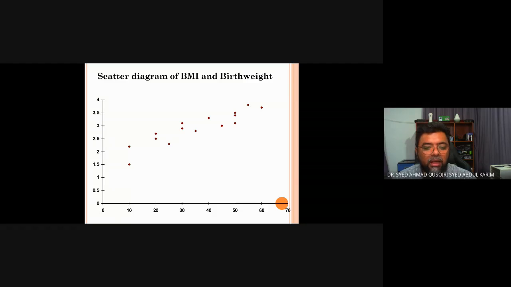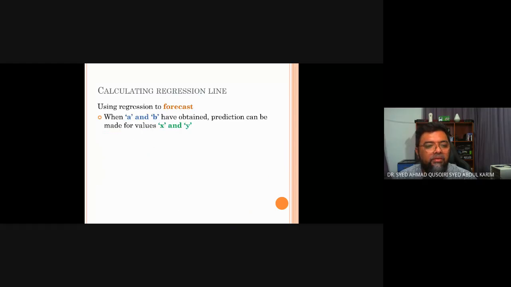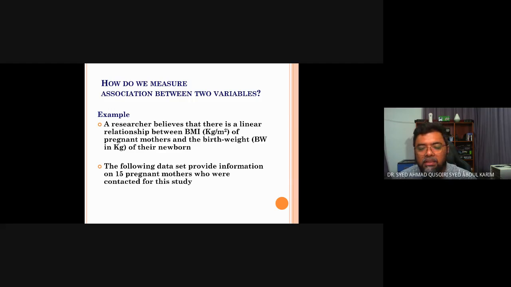So we can extend this observation even more than what is plotted in this graph. That is also known as forecasting. So you just elongate that line and then you can have predictions.